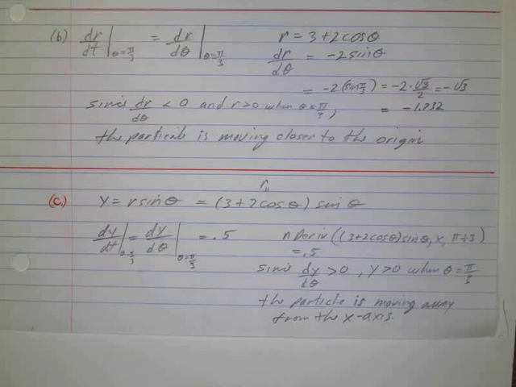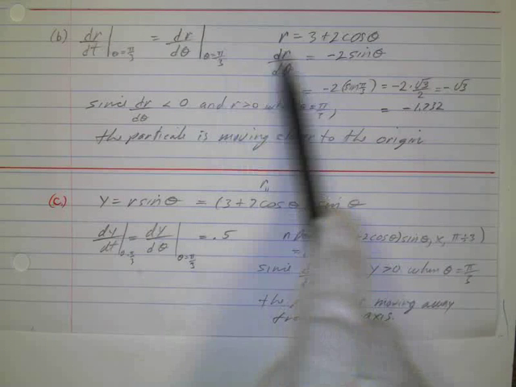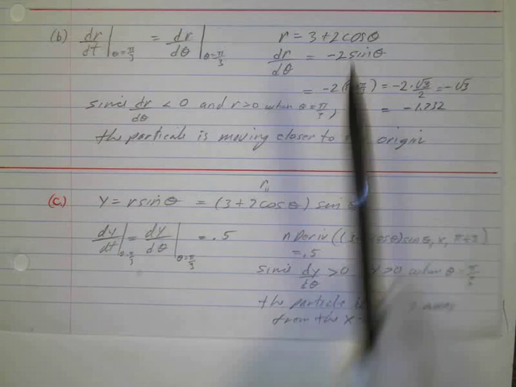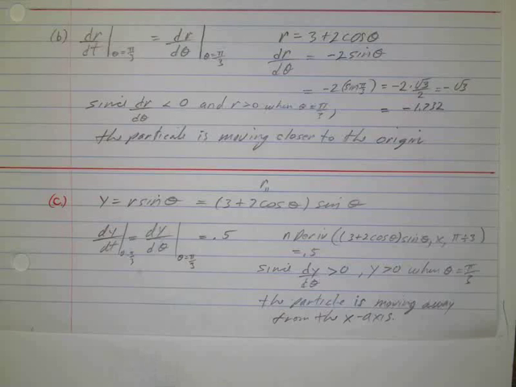For the particle described in part B, dy/dt equals dy/d theta, and we want to evaluate those at theta equals pi over 3 and interpret your answer. Well, this is a little bit different. We already had dr/d theta, so we can figure out what y is.